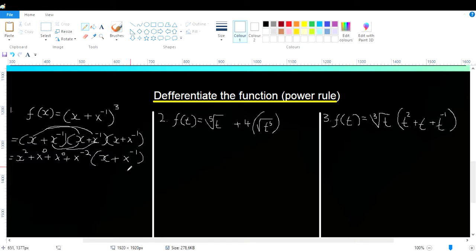Let's multiply the last bracket. Here, let's multiply x squared times x is equal to x to the power 3.